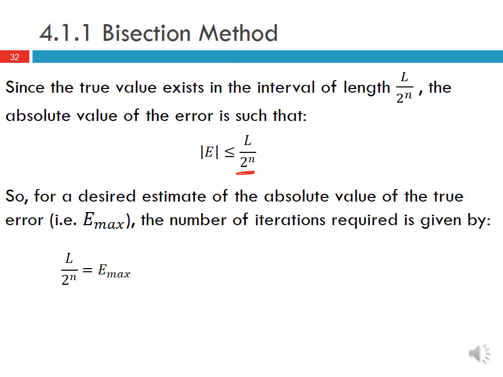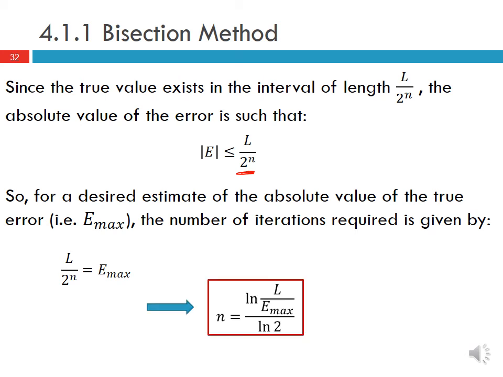So if we have a maximum desired error, if we want to know that for sure our error is going to be less than or equal to E max, then we can find out how many iterations we need to achieve that. So L over 2 to the power of n is equal to E max, which means that n is equal to the natural logarithm of L over E max divided by the natural logarithm of 2.